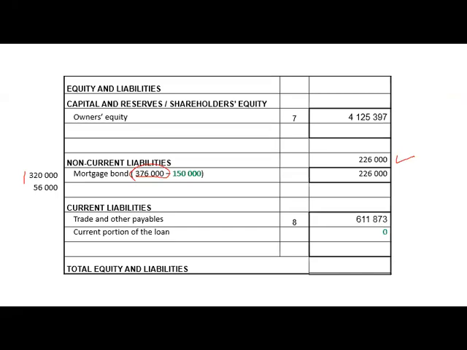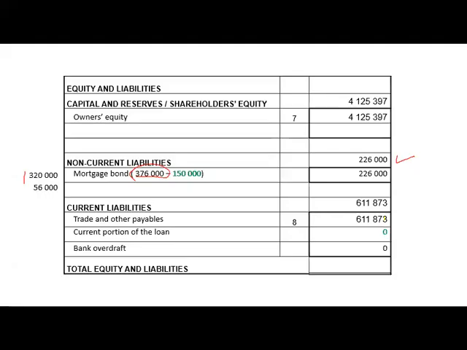And then we don't have any other liabilities. We don't have any bank overdrafts. Bank overdraft is when you have a negative bank balance. We don't have it. So our current liabilities will just be that 611,876. And for owner's equity, we are simply going to have that 4,125,397.